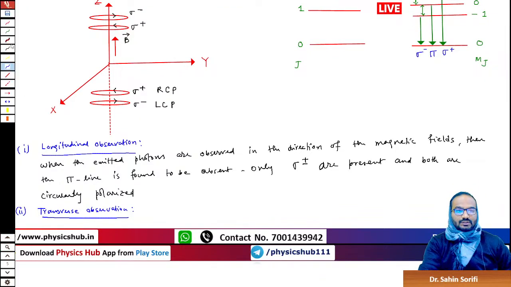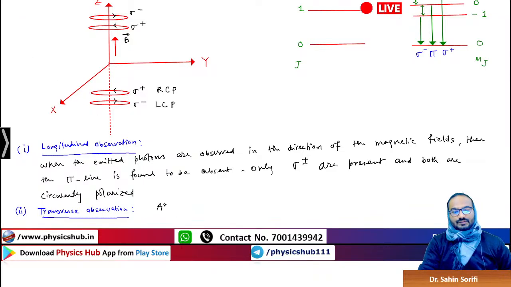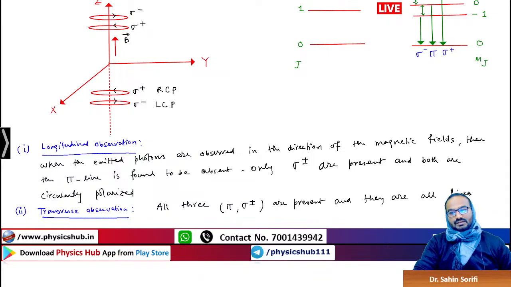So for transverse observation, what will you see? All three, so we can have pi or you can have sigma plus minus. All three are present and they are all linearly polarized.